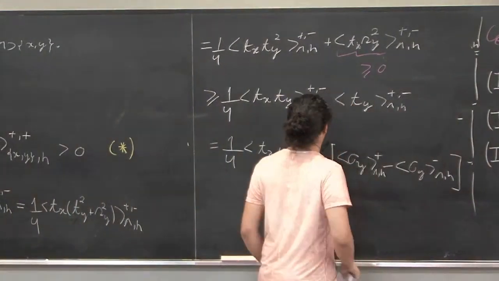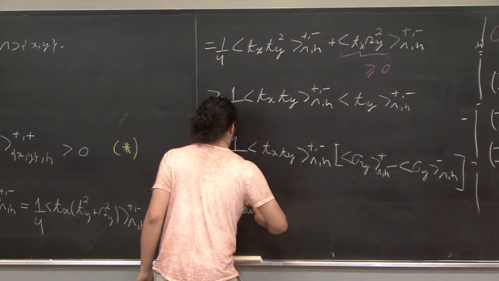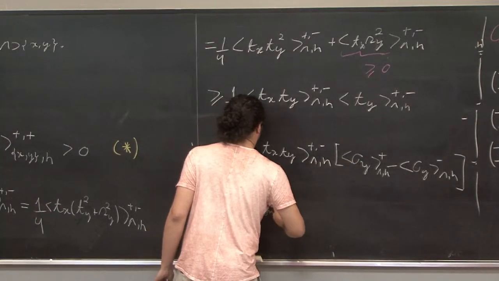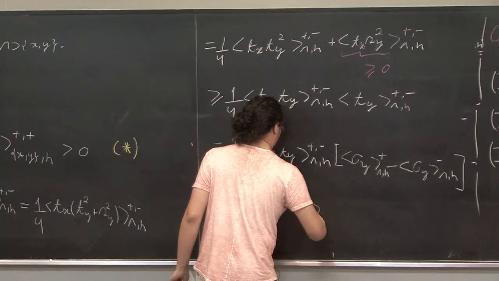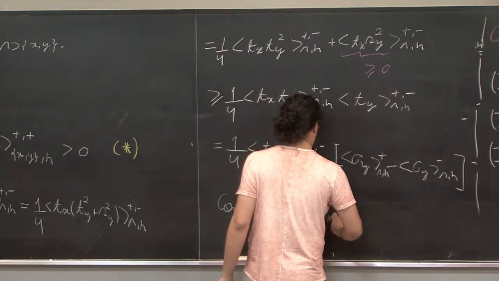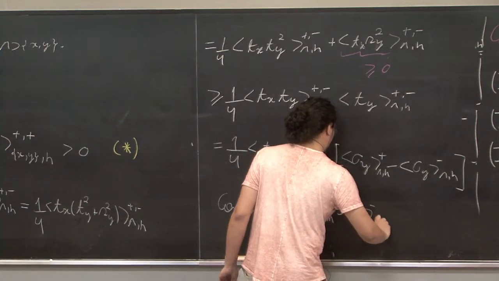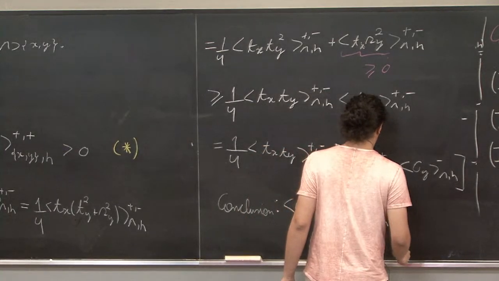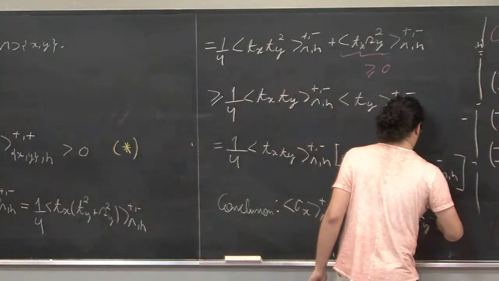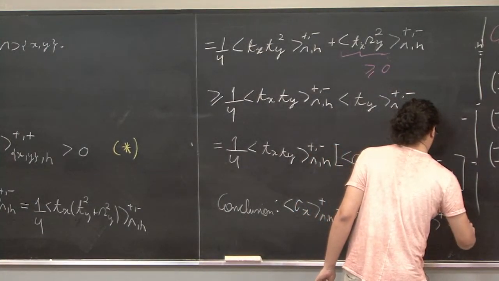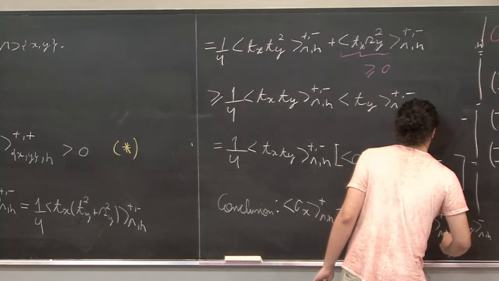Okay? So we conclude that if this is equal lambda h minus lambda h, then the same holds for y plus minus lambda h lambda h.